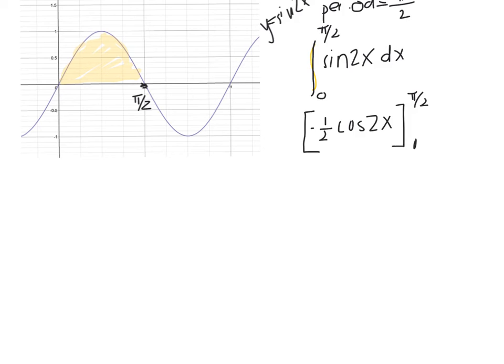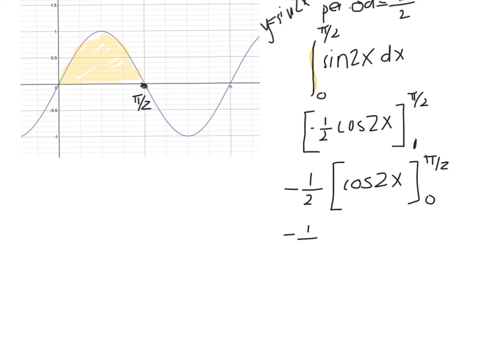So the first thing that I like to do here is we can take out our coefficient. We don't have to worry about it too much. And then we're looking at the integral of cosine of 2x evaluated between 0 and pi over 2.